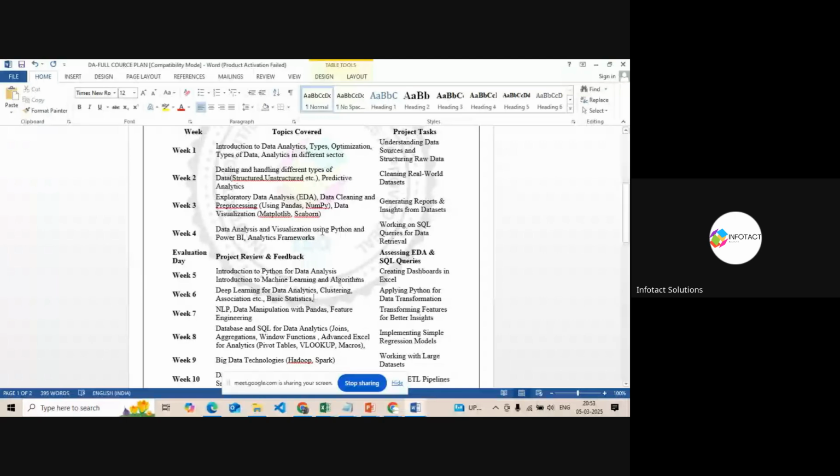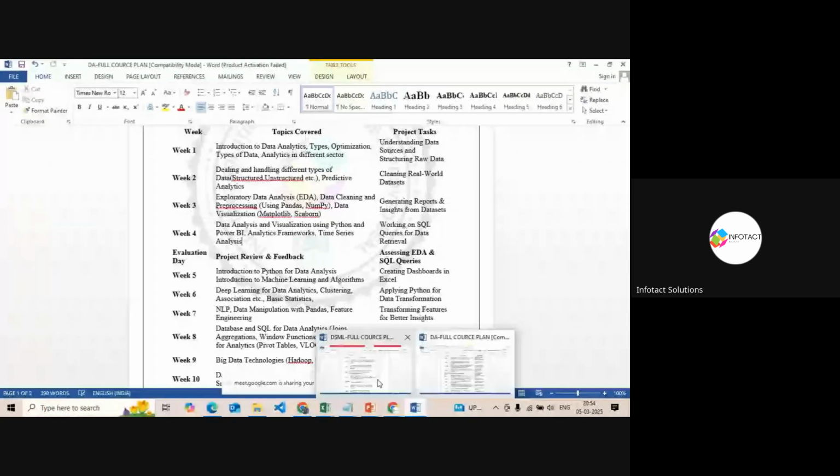Where to add time series analysis? Incorporate it.